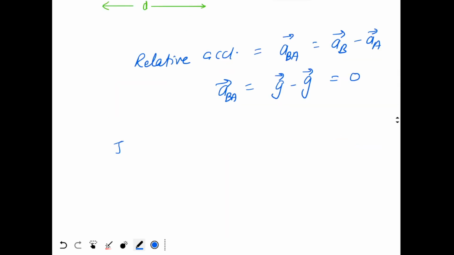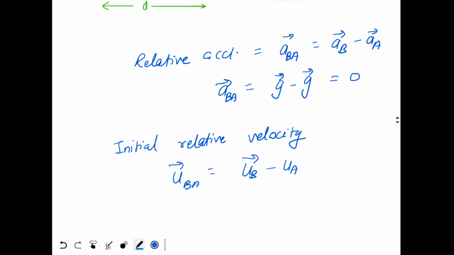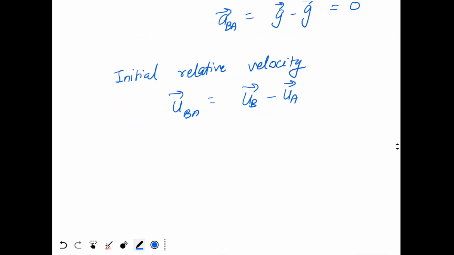Now we find the initial relative velocity. So u of B with respect to A will be equal to u of B minus u of A. How do we solve this vectorially?